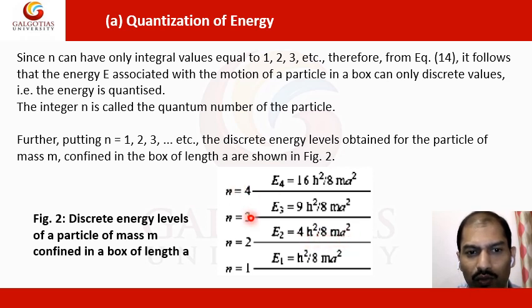Similarly for 3, 3 into 3 is 9, so 9h square upon 8m a square. And for n equal to 4, it will be 16h square upon 8m a square. So by putting the value of the quantum number n, the discrete energy levels can be obtained for the one-dimensional box with the help of the Schrodinger wave equation.